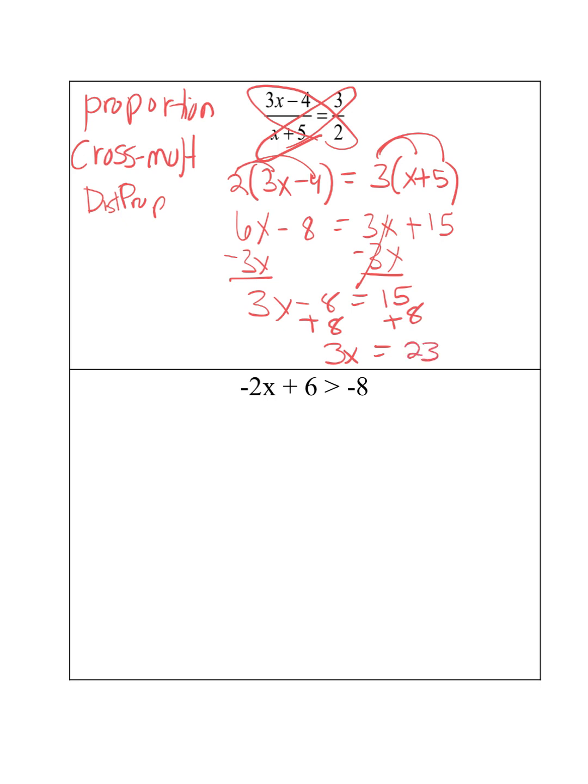And then our last step is going to be to divide by 3. So really the only thing that's different is that we have to start that first step where we do that cross multiplication.